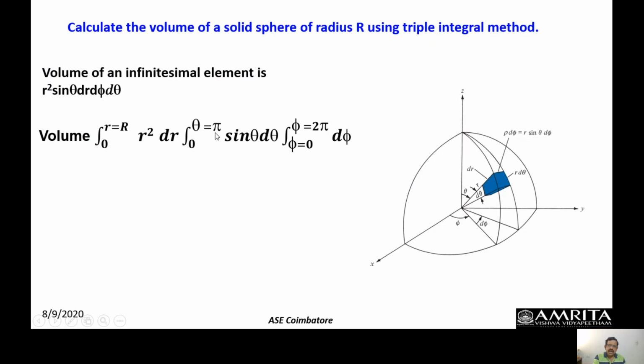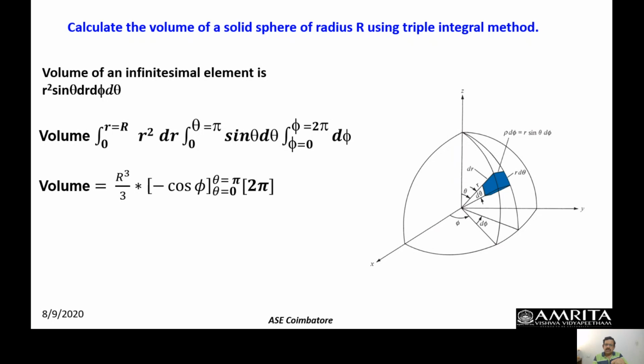If I want to reach any point on a sphere, it is enough to traverse 0 to pi along the theta direction. It is not 0 to 2 pi and again 0 to 2 pi here. If I do that, I will be evaluating twice. So please give a pause and think. Theta varies only from 0 to pi.